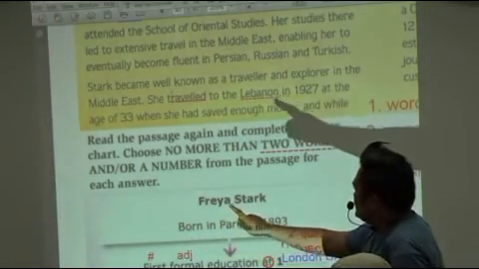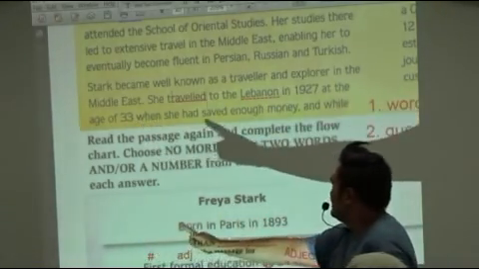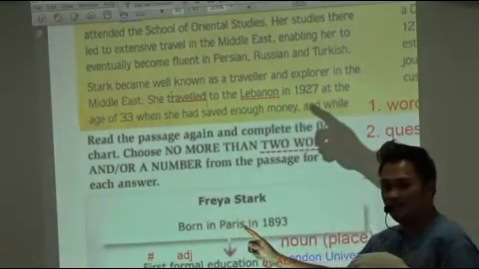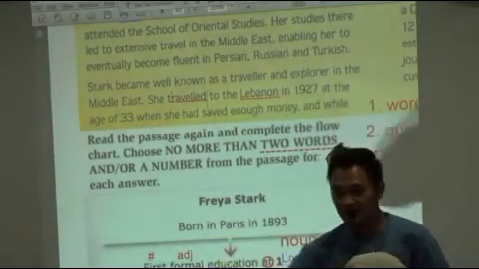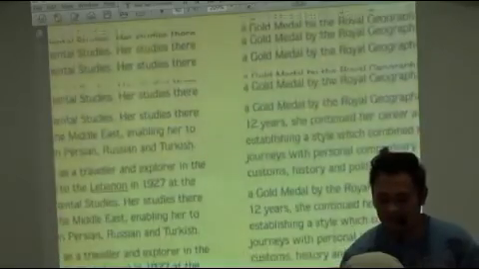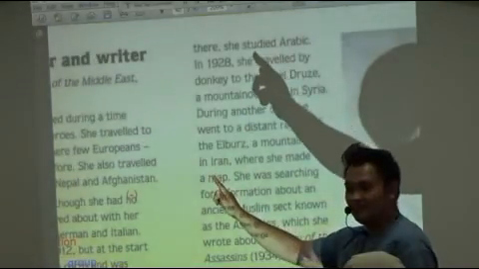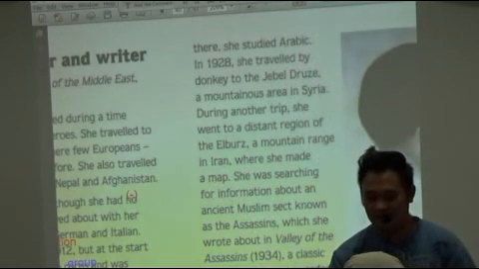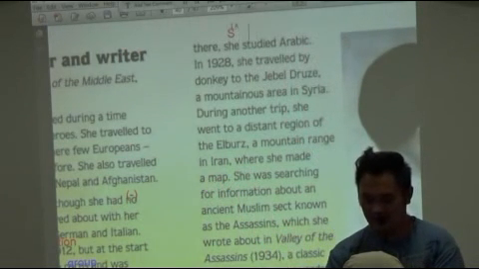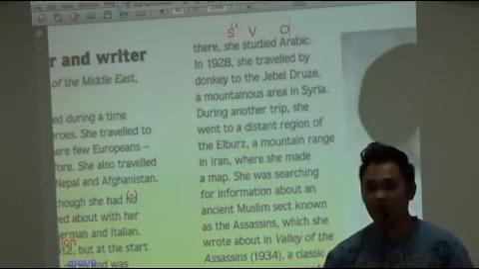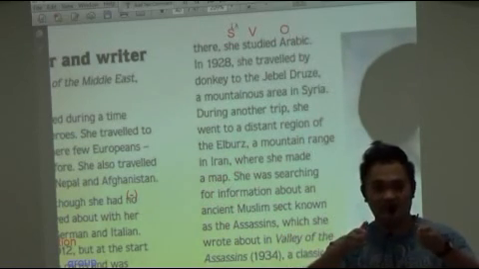"Traveled to Lebanon. 33. Saved enough money. Continue. And while she studied Arabic." We'll follow the pattern. S, V, O. Isn't it? Match.